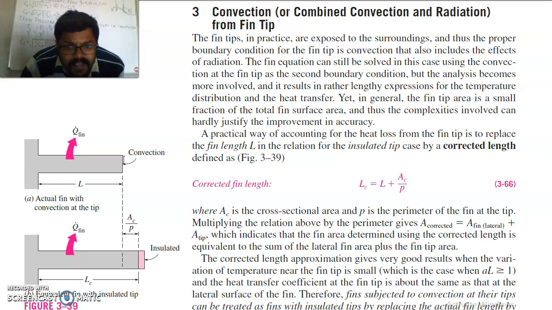So a practical way of accounting for heat loss from the fin tip is to replace the fin length L in the relation for the insulated tip case by a corrected length, defined as: corrected fin length Lc is equal to L plus Ac by P, where Ac is the cross-sectional area of the fin and P is the perimeter.